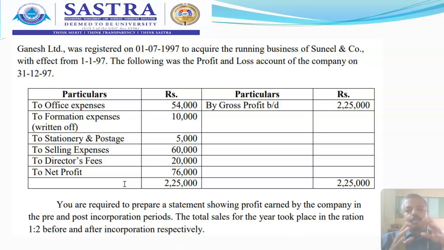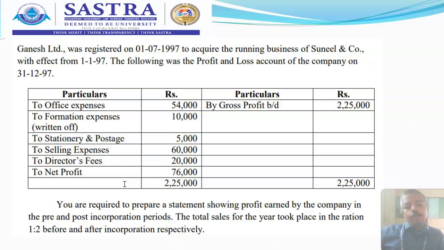So apportion the 2,25,000 into pre-incorporation as 1 out of 3. That means 1:2 means 1 out of 3, and the post-incorporation period is 2 out of 3, because 1 plus 2 is 3. This is basic mathematics: 1:2 means 1 by 3 and 2 by 3.